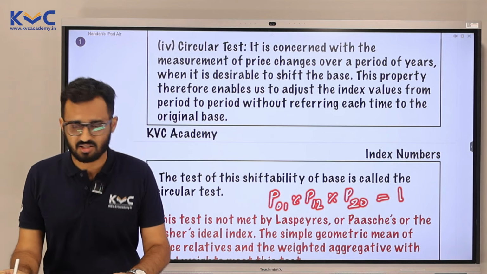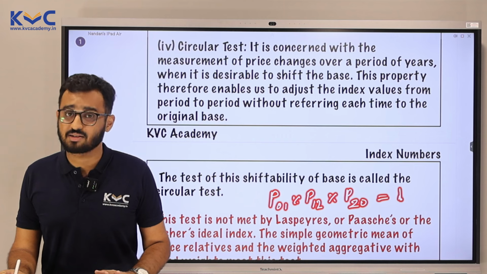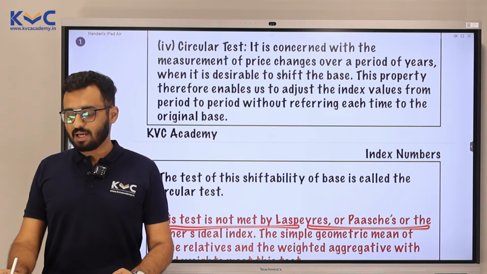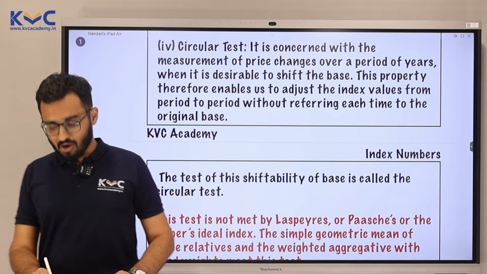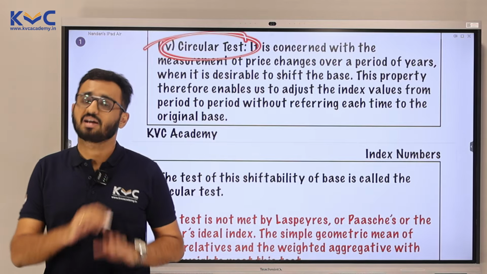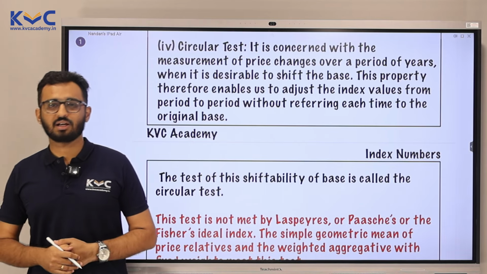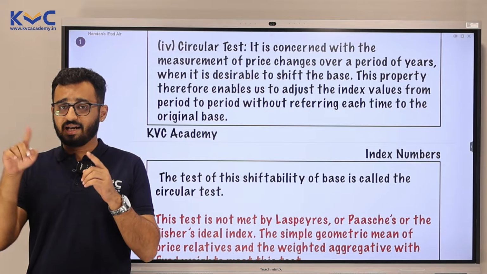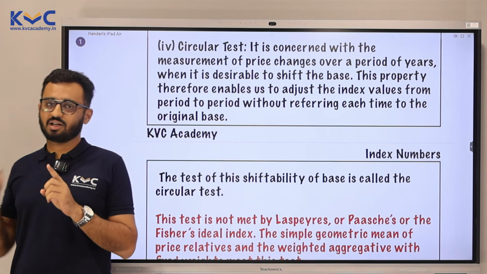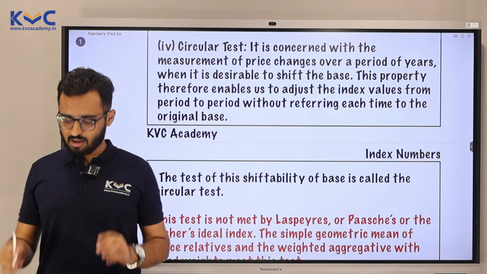So this is actually the circular test. We are not going to check this because this test is not met by Laspeyre's or Paasche's or Fisher's index number. So even Fisher fails when it comes to circular test, but this is one of the tests which is checked just to make sure, can I simply go on shifting the index numbers from one year to other and end up with the right answer always.